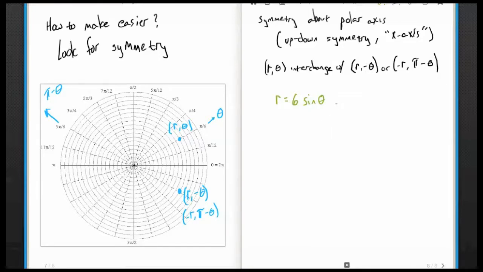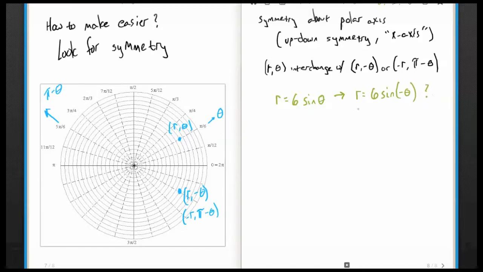So this gives me r equals 6 times the sine of negative theta. Right, but I remember a sine is odd, so if I change the theta, does that work?